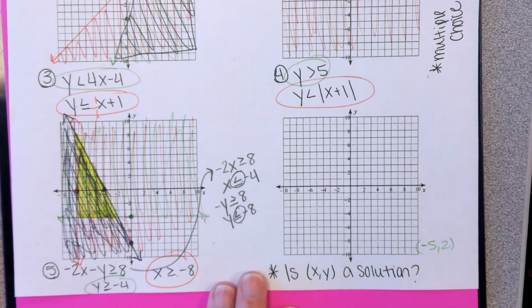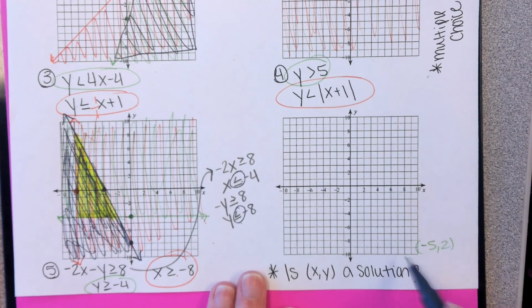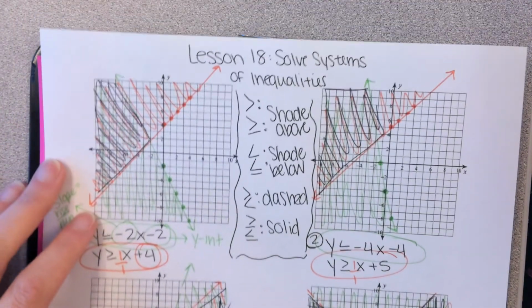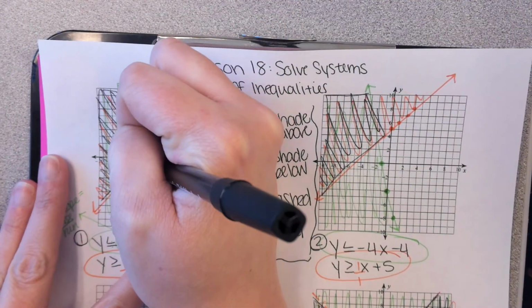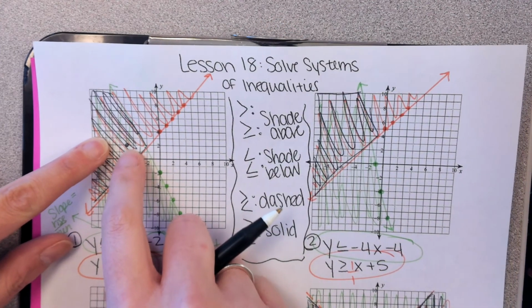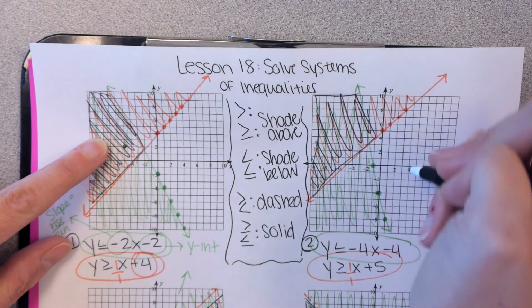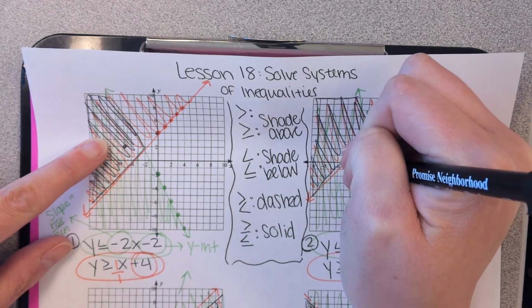Okay. So they're multiple choice, so you look at each graph and decide. So I'm going to find the point -5, 2. So I'll just go back up here to number 1. So -5, 2. It falls in the overlapping region, so that means yes, this one would work.